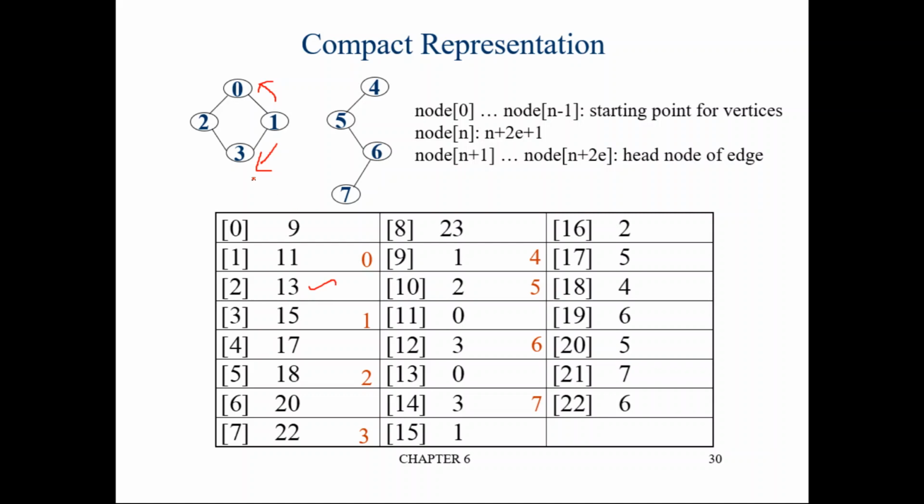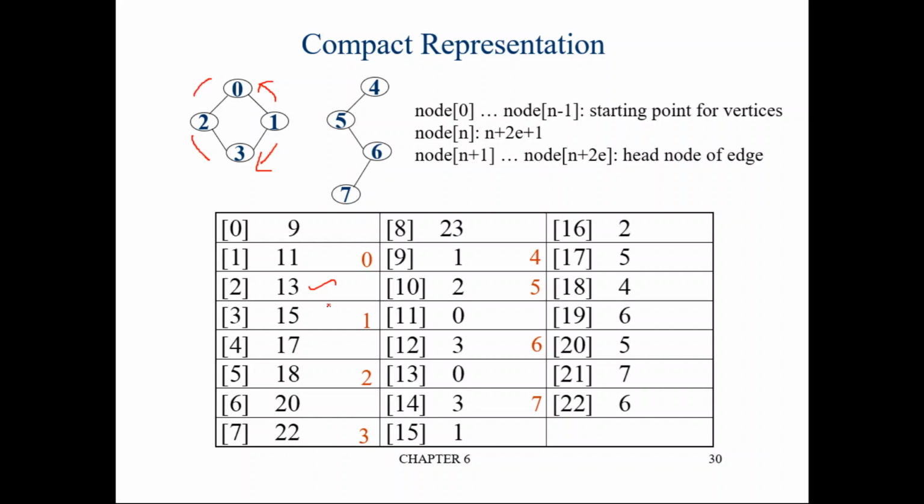Now vertex 2 is having how many edges? 2 edges. What are they? Edges to 3 and to 0. So from 13 again you can write either 0, 3 or 3, 0. In the next location you put 0, next location you put 3. Right.